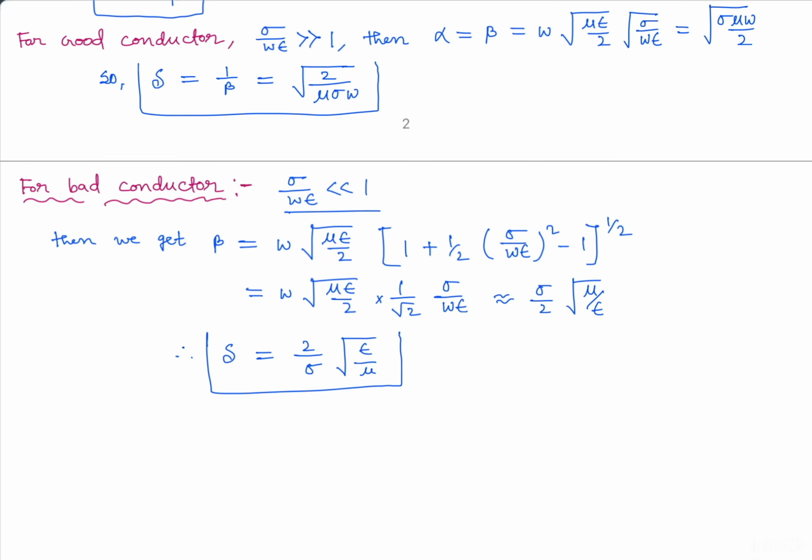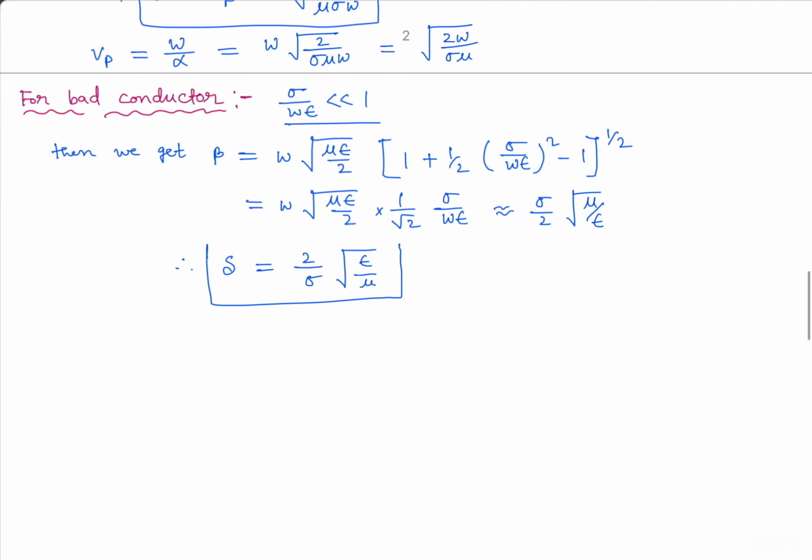And the phase velocity for the good conductor will be omega by alpha, which is equal to omega into root over 2 by sigma mu omega, that is root over 2 omega by sigma mu. This is for good conductor.